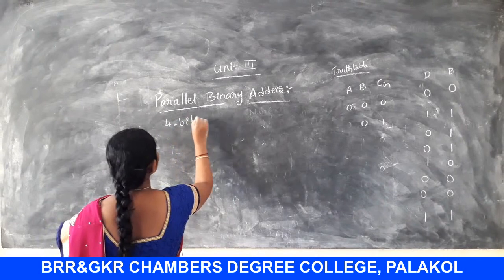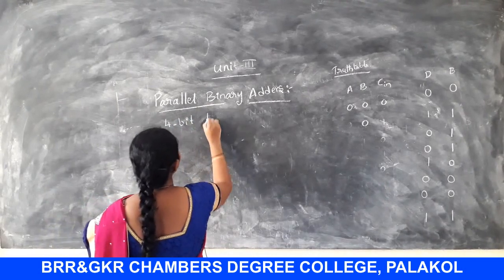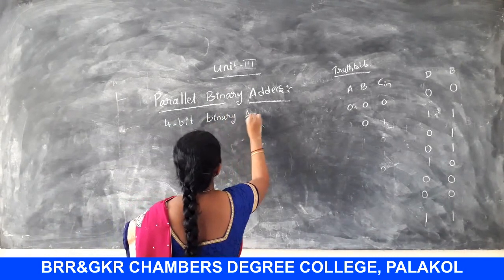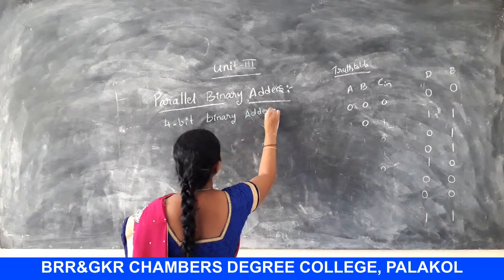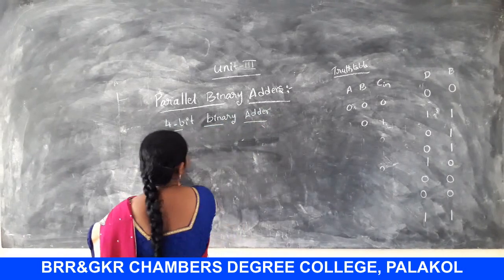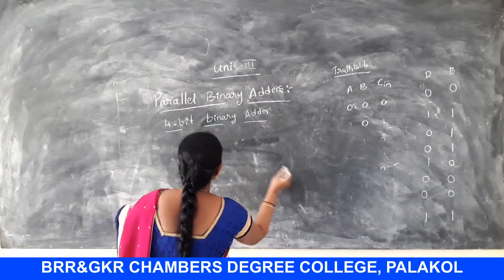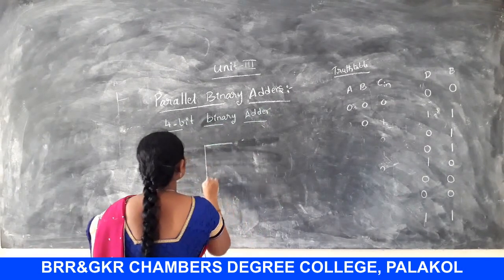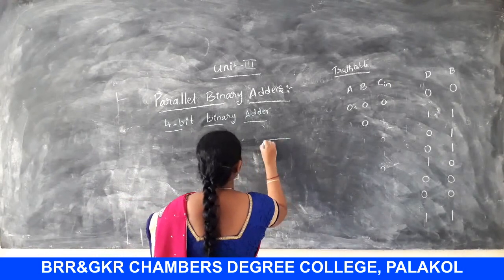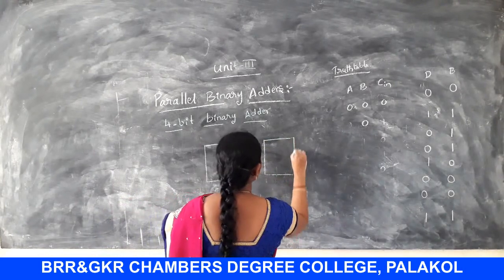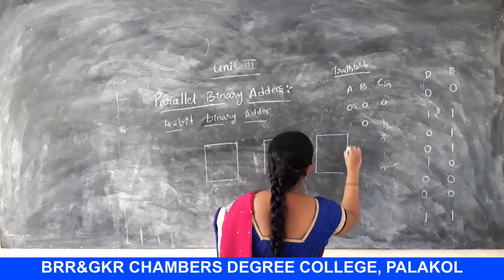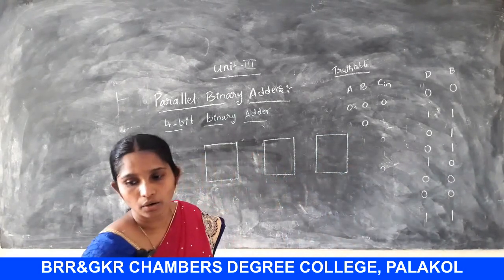4-bit binary adder here. So, here I consider 4 full adders. This is one full adder, the next one is another full adder, and then this is also another full adder.